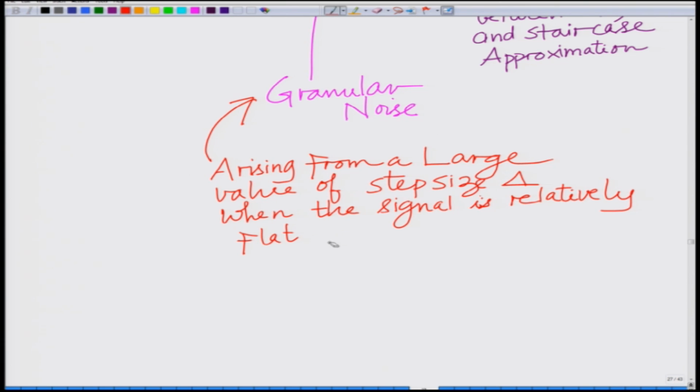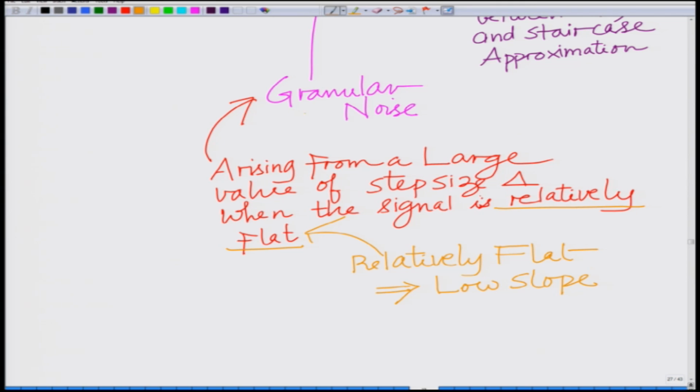Or when the signal is relatively flat implies that the slope is low, relatively flat, which implies low slope, and that is causing this granular noise.